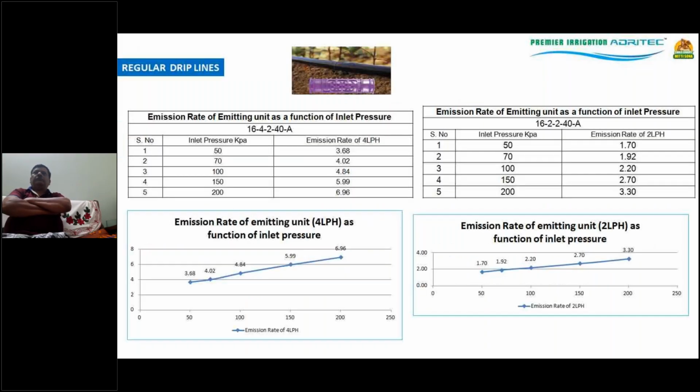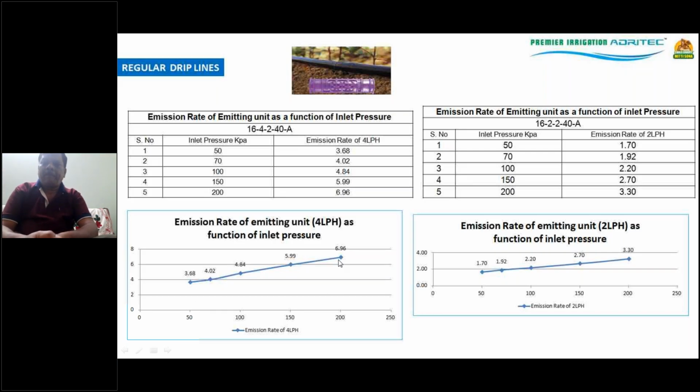And this is basically a graph. What I want you to understand from this graph: the y-axis shows the discharge, and the x-axis is the pressure. Here I want you to understand this dripper can work at a wide operating range, for example, half a kg pressure right up to 2 kg pressure.